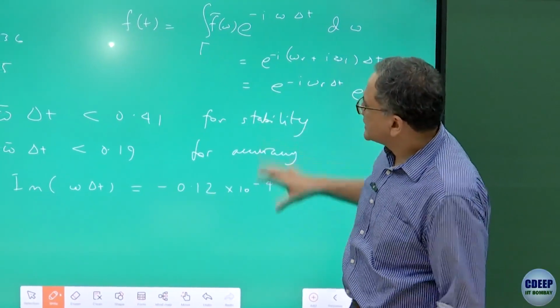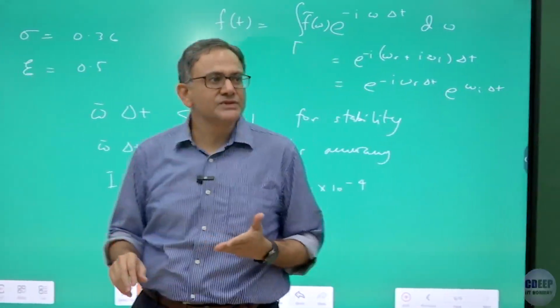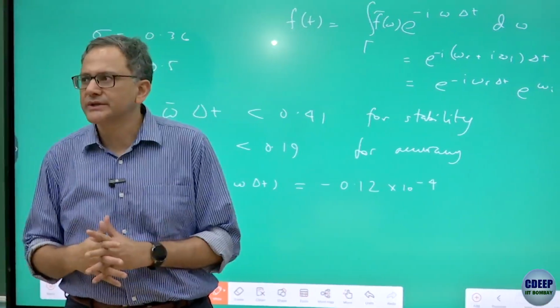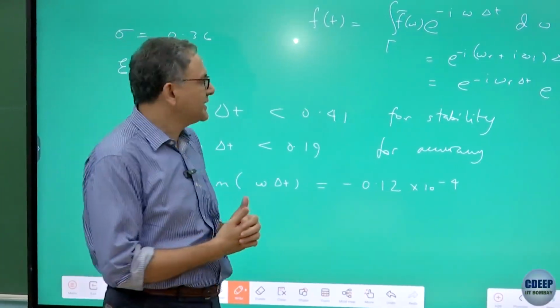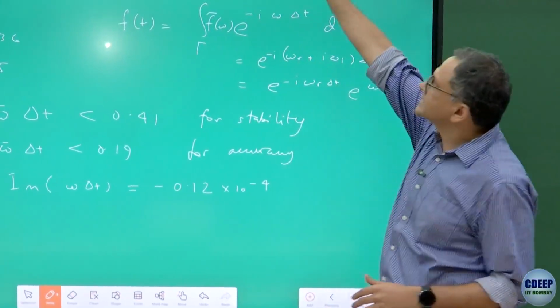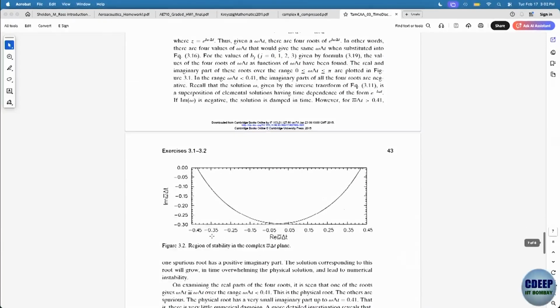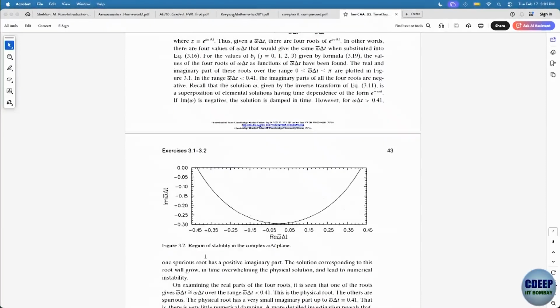So this is all analysis based on if you have got real frequencies only, if there is no decay or growth in your source that you have in your domain. If that is there, then you cannot just live with real omega bar delta t, and you will end up with plots like this, where you will now plot a region of stability in the complex omega bar delta t plane, where this is just the input, real part and imaginary part.